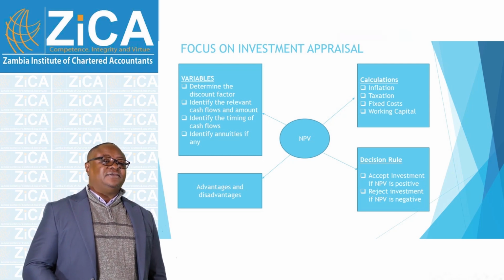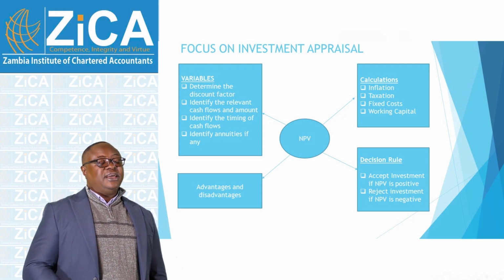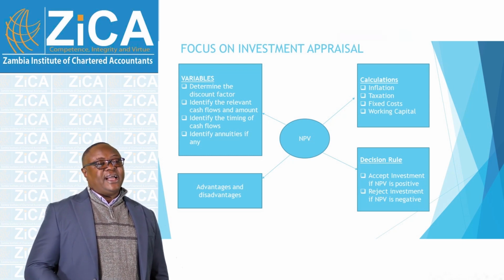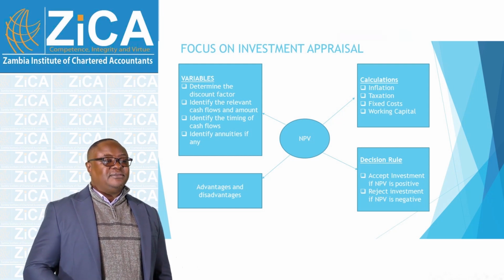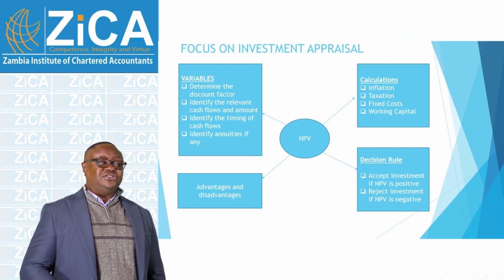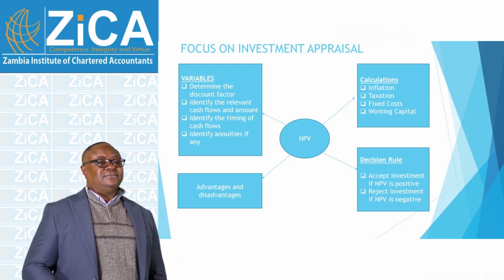It's important for you to make a decision, and that decision you should explain it. Why are you accepting the investment? You should state it: I'm accepting this investment because it is giving me an NPV which is positive, which means that the wealth of the shareholders will be increased by this amount.